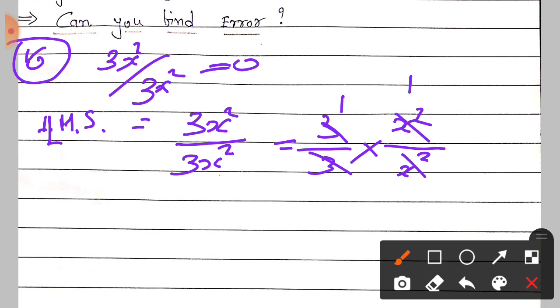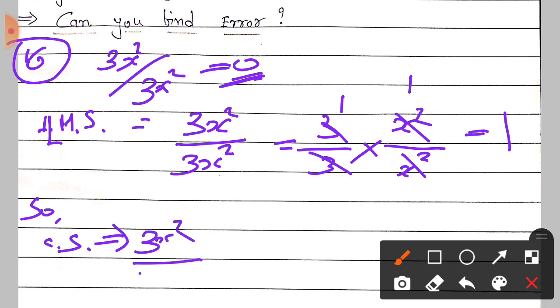The x squares cancel, 1 multiplied by 1 is 1. So the correct answer is 1 and this question says 0. That is an error. So the correct statement is 3x square upon 3x square is equal to 1. Correct, students? Very good.